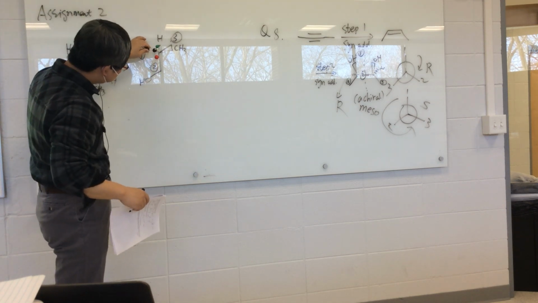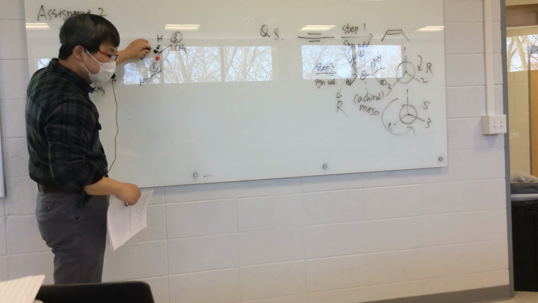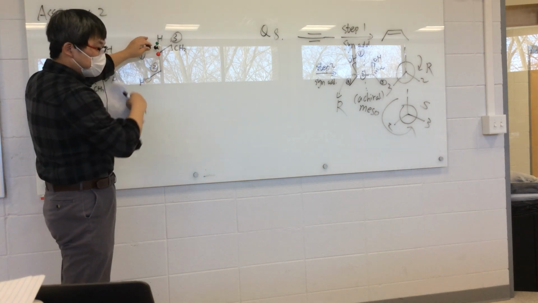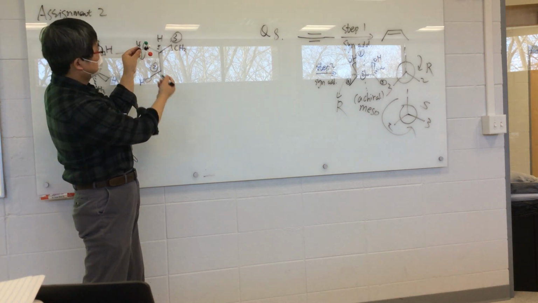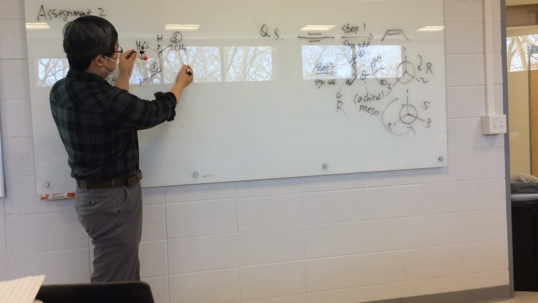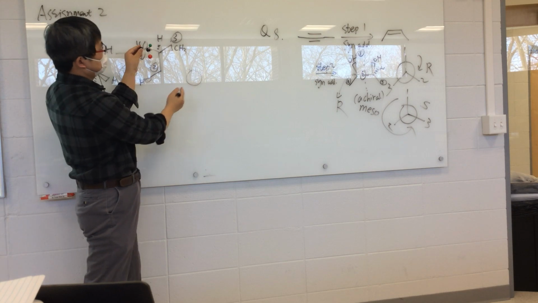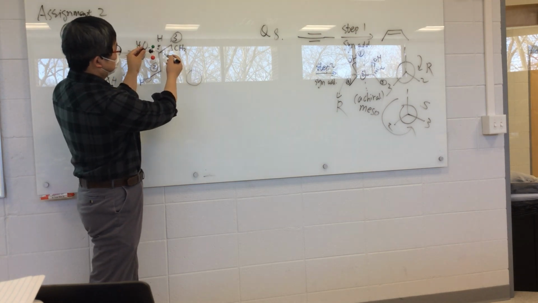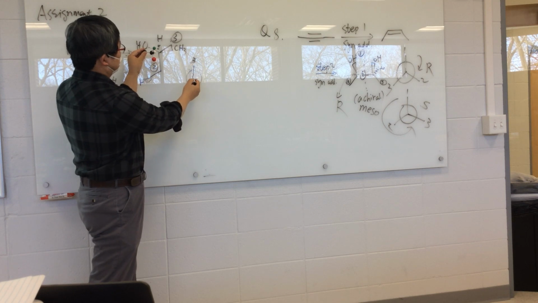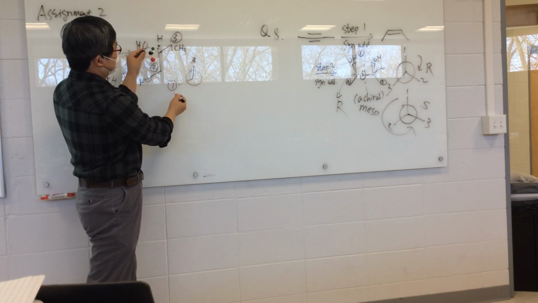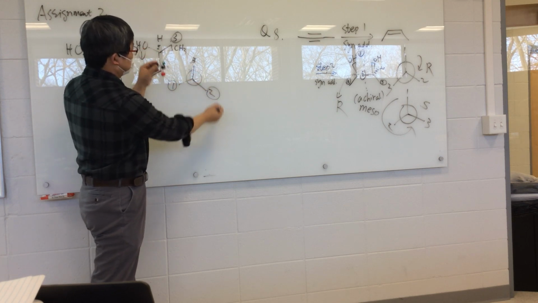Then we view so that the hydrogen is away from us. Once we view this way, this 3 should be on top, and then 1 here, 2 here.